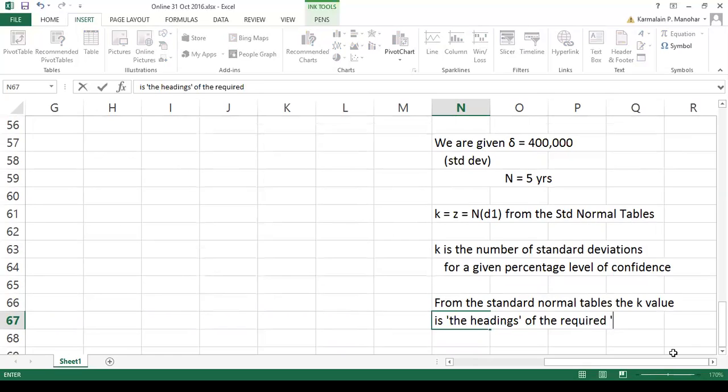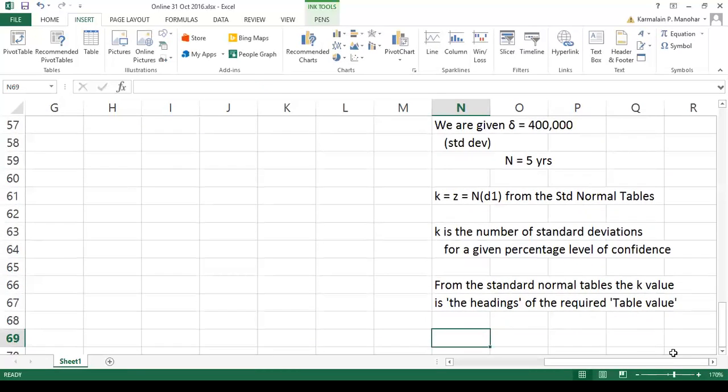So two things I'm taking note of here, the headings and something that I'm calling the required table value, right? So let's go about dealing with that.